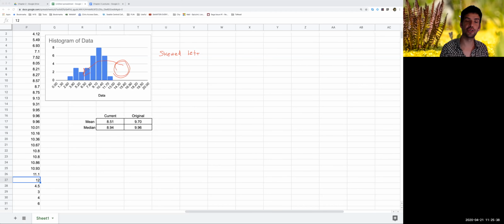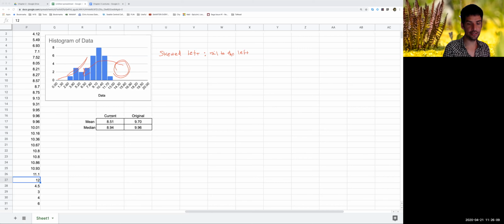We've pulled some of that data down there to get this shape. We also can think about this shape here, this trailing off of data, as the tail. Skewed left has a tail pointing to the left. Okay. It's missing its right side. There should be a tail over here that was here before. So that's one thing to notice.